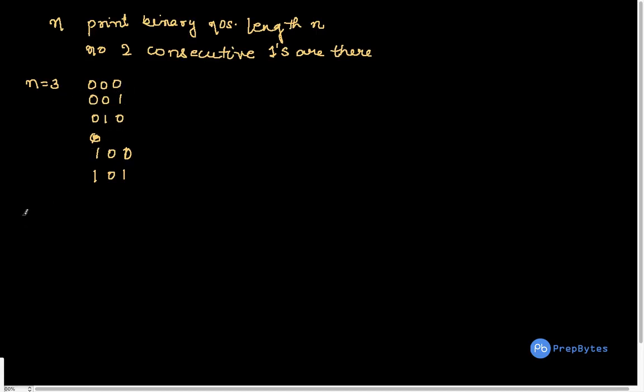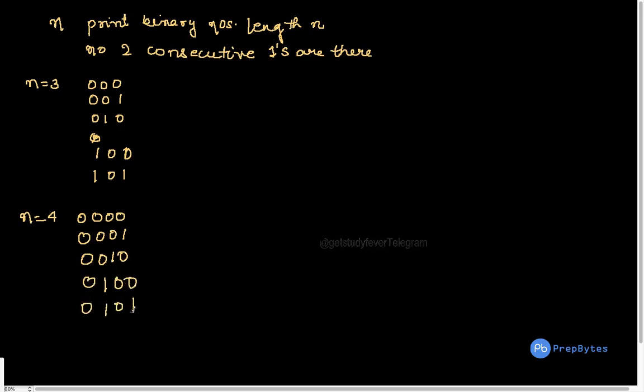Now let's say n is equal to 4, what are the options we have? Number 1 is 0 0 0 0. Number 2 is 0 0 0 1, 0 0 1 0. I'm not specifically putting them in lexicographic order, okay? And others we have 0 1 0 0, 0 1 0 1, 1 0 1 0, 1 0 0 0.